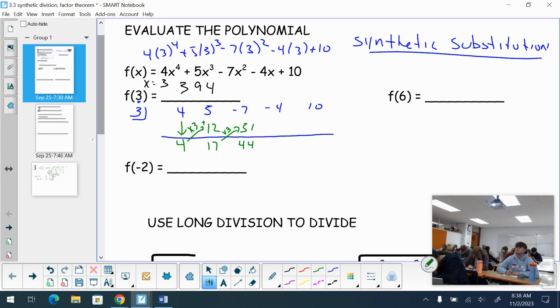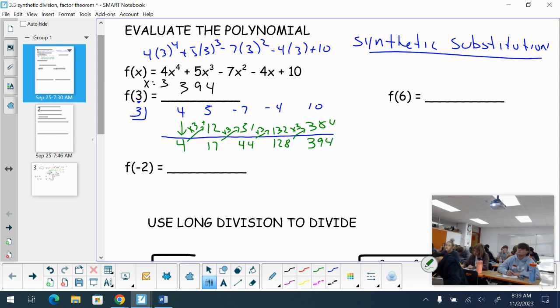We diagonally multiply upwards, which gives us 132. Then we add down, 128. Then we diagonally multiply upwards, 384. And then we add down. Whoa.